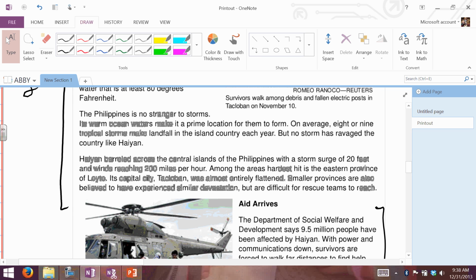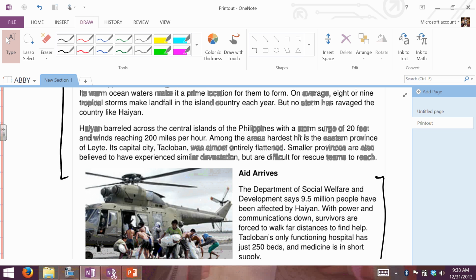The Philippines is no stranger to storms. Its warm ocean waters make it a prime location for them to occur. On average, 8 or 9 tropical storms make landfall in the country each year, but no storm has ravaged the country like Haiyan. Haiyan barreled across the central islands of the Philippines with a storm surge of 20 feet and winds reaching 200 miles per hour.